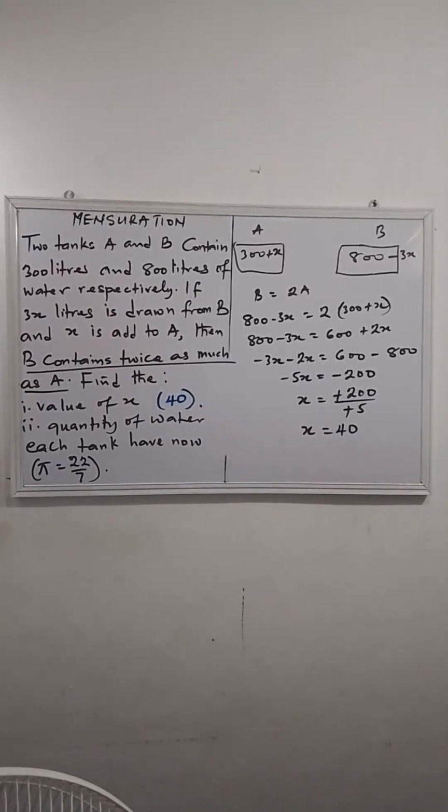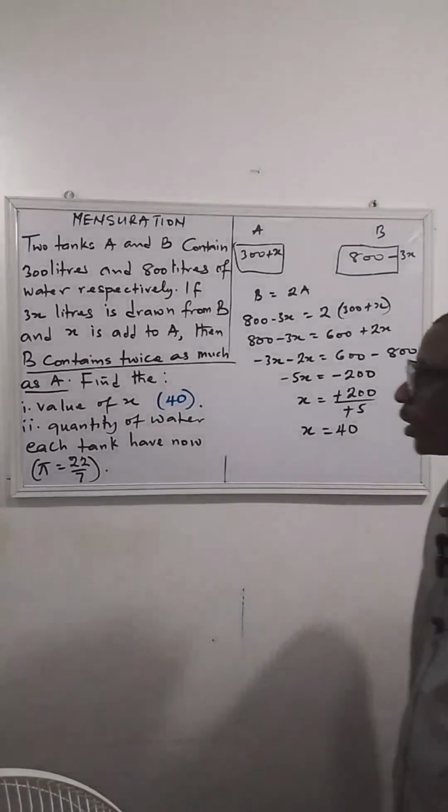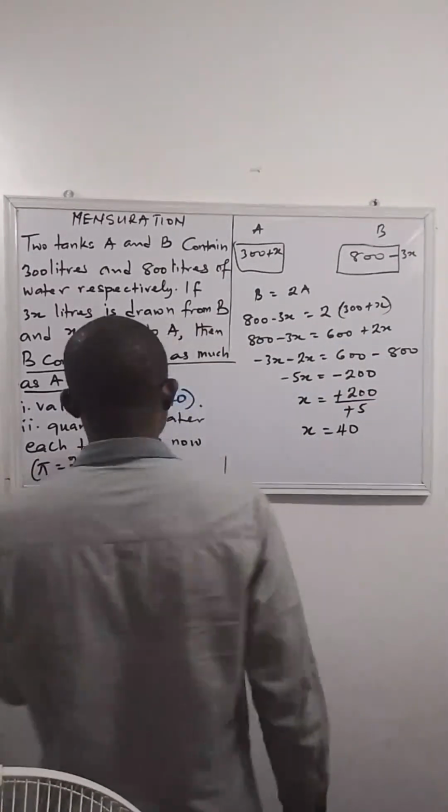Yes, do you have anyone dropping the answer? Okay, nobody is dropping. It's so simple. It seems some of us are not getting what the question is saying. The quantity of water in each of the tanks.